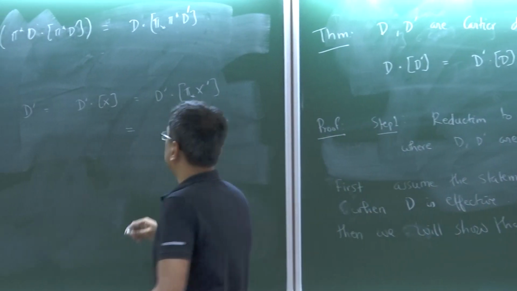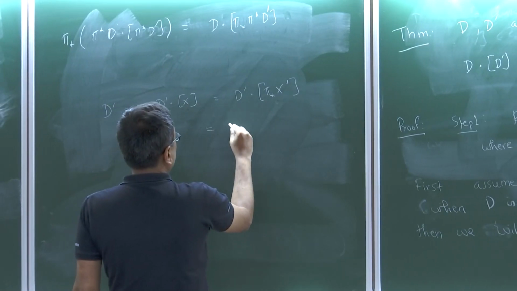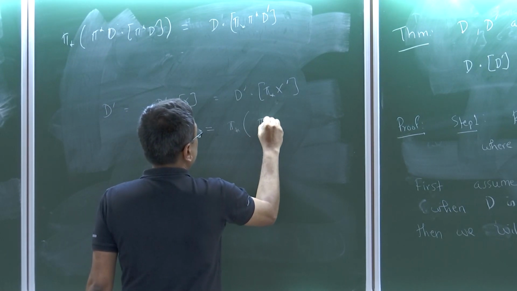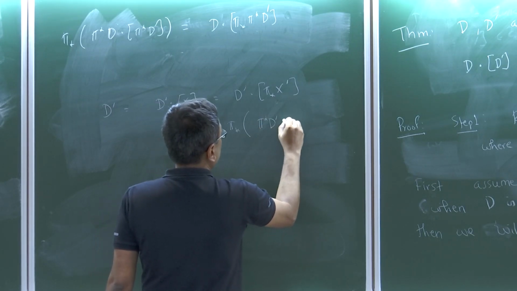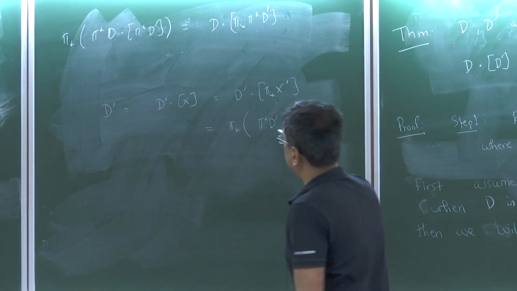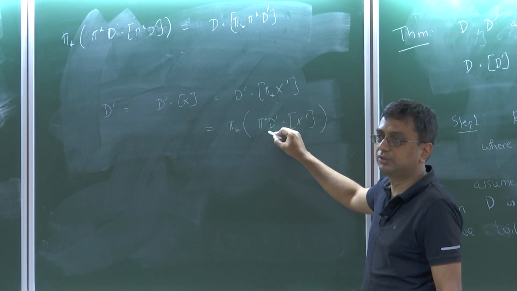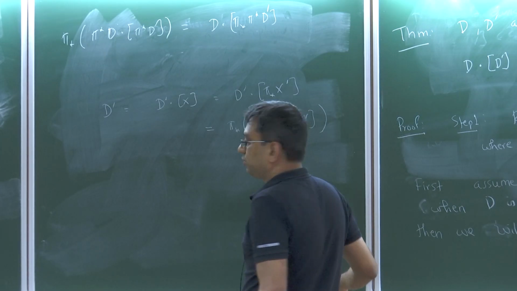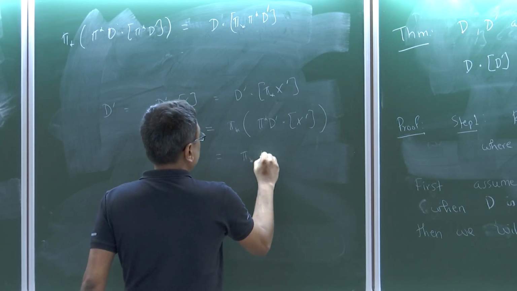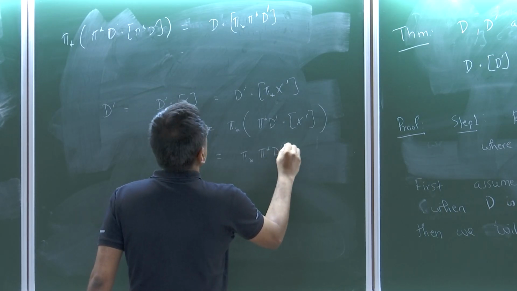So on an open set I have this, and now this is equal to pi lower star of pi upper star D prime dot X prime. But this is the class given by pi lower star D, pi upper star D prime, right? So therefore this is equal to pi lower star pi upper star D prime, the class.